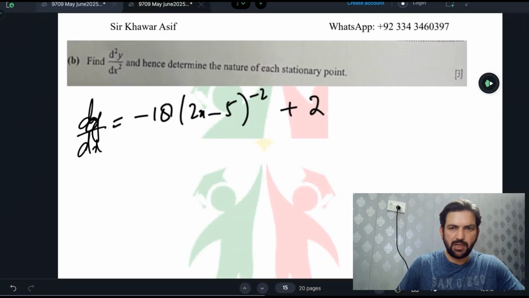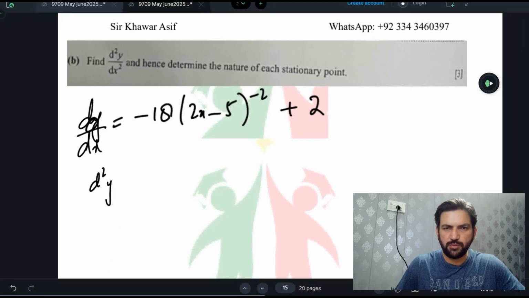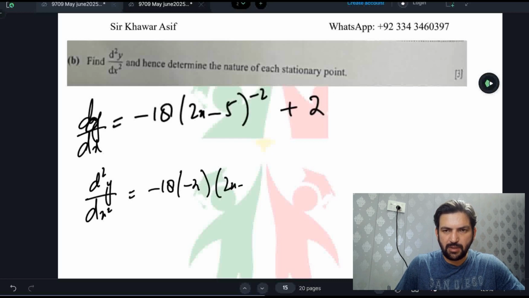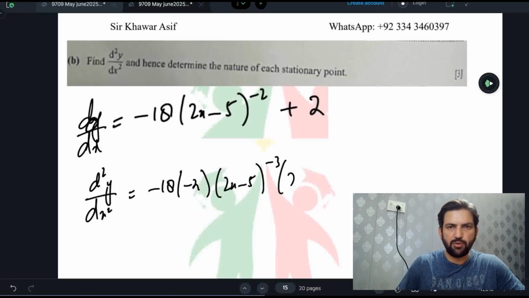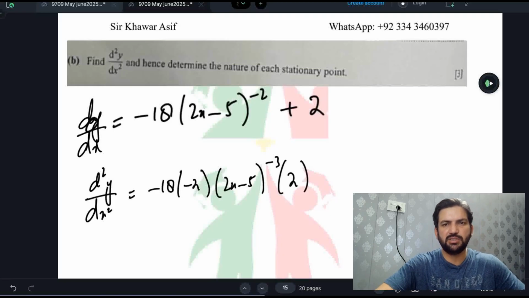Now if we multiply it, this will be equals to 72 into (2x minus 5) to the power minus 3. What we have to do is determine the nature of each stationary point.